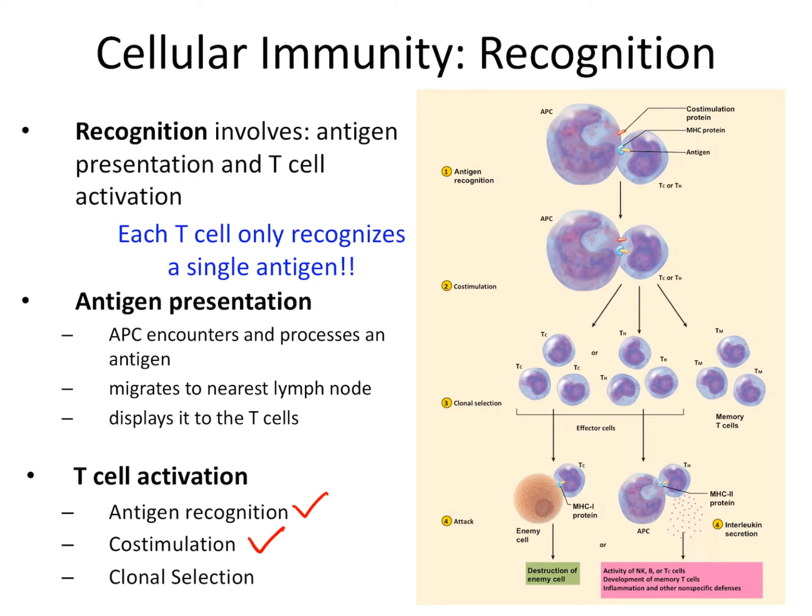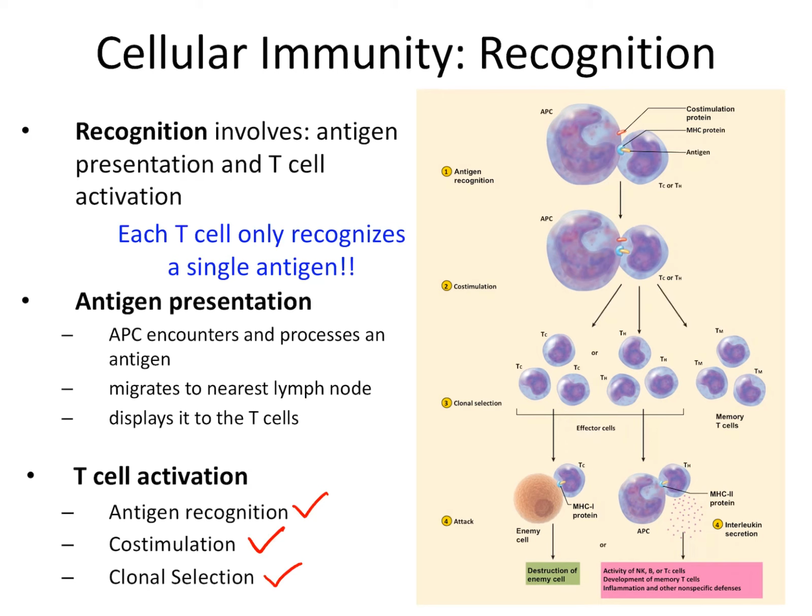So if this T cell successfully completes this co-stimulation, it's then going to enter a phase called clonal selection. Now, clonal selection is a process in which this particular T cell is stimulated to undergo mitosis many, many times, essentially producing clones or copies of itself.